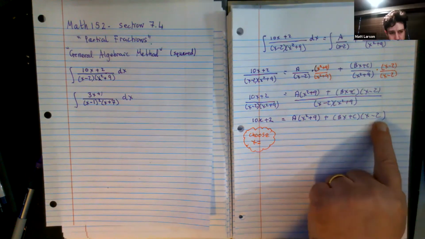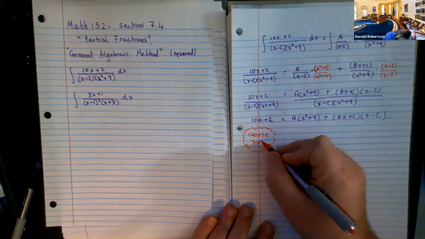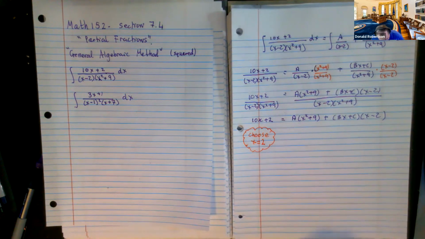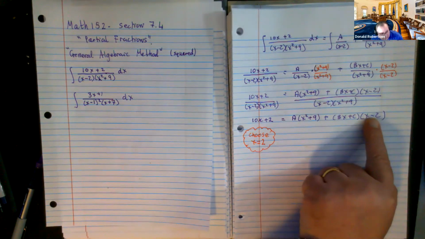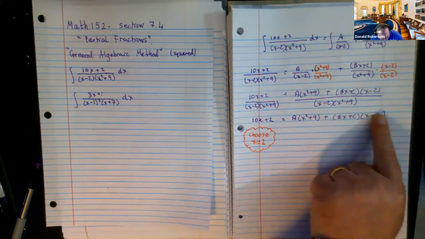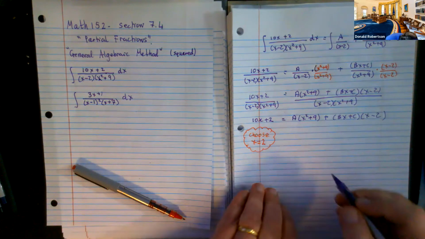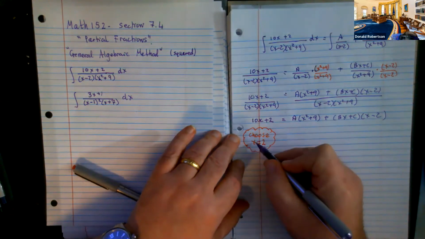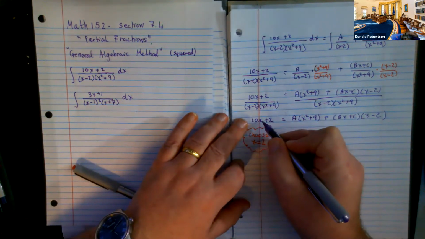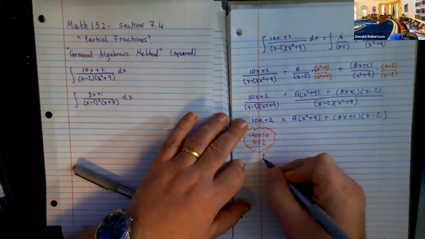2. And the reason you picked that, which is the right answer, I'm assuming, is because won't this be 0? And won't 0 times this basically make all of this disappear? So what do we get? Well, if you make x 2, you get 10 times 2 plus 2, you get 22.